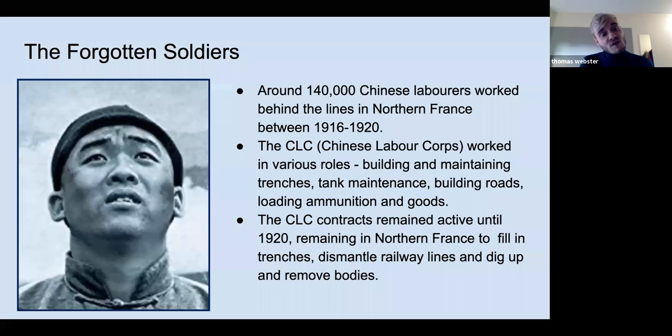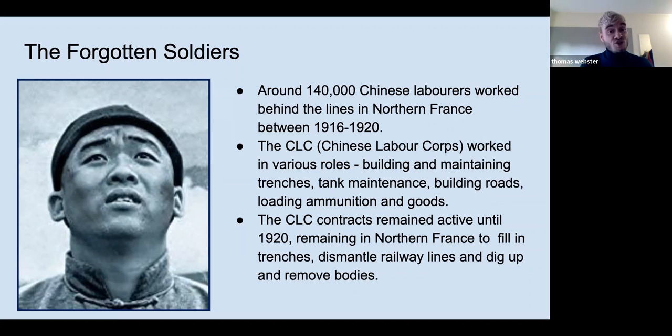And I think that heading, the forgotten soldiers, is important, because we believe that they are very much the forgotten soldiers. They were instrumental in, as David Olusoga says, the machine of war. Around 140,000 Chinese laborers worked behind the lines in northern France between 1916 and 1920.